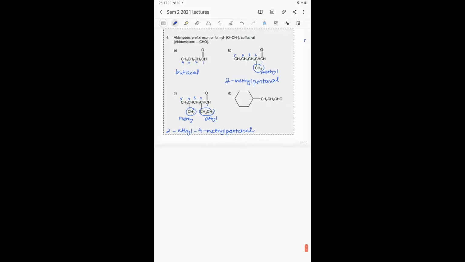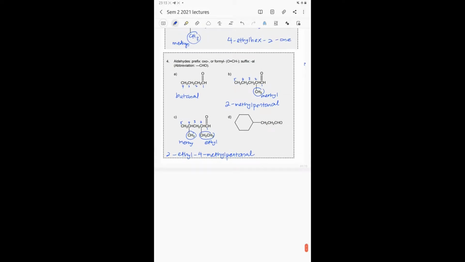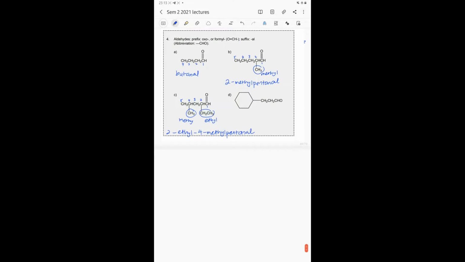And lastly, here we have 1, 2, 3. Although the carbon in the ring is greater, which is 6 carbons compared to the straight chain, we still choose the straight chain as the parent because it has the functional group with higher priority.